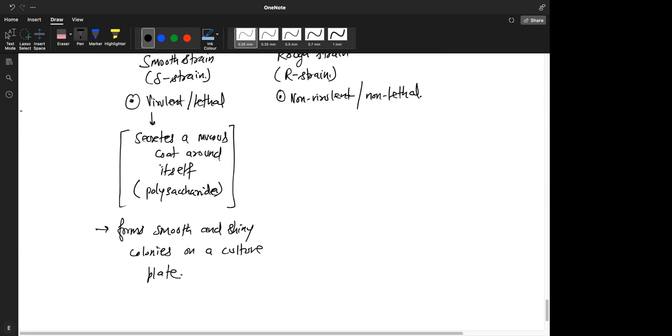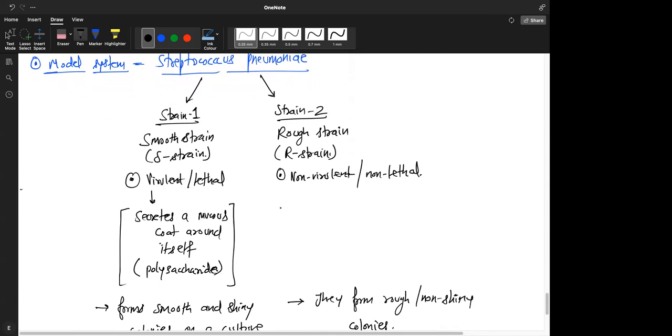So on culture plates, they form smooth colonies and they form rough or non-shiny colonies, because that shine and smoothness comes from this mucus coat around. Is this clear about the two strains? Yes, sir. So this thing is not present here.